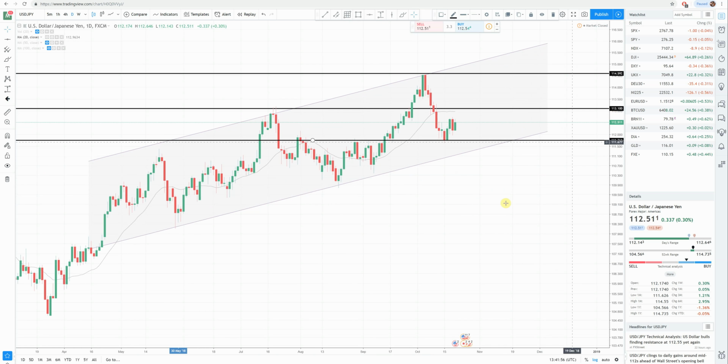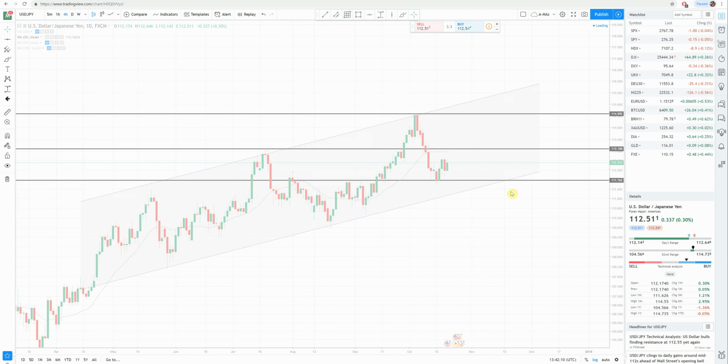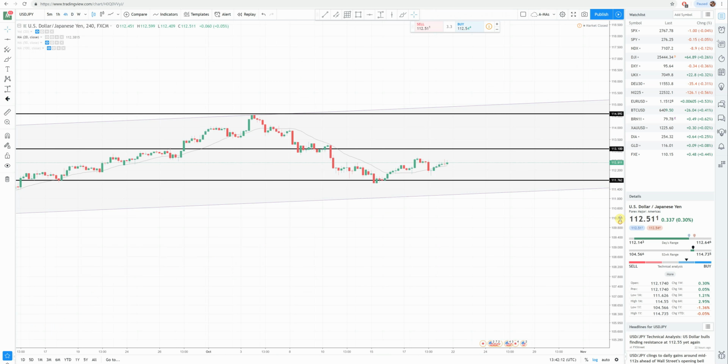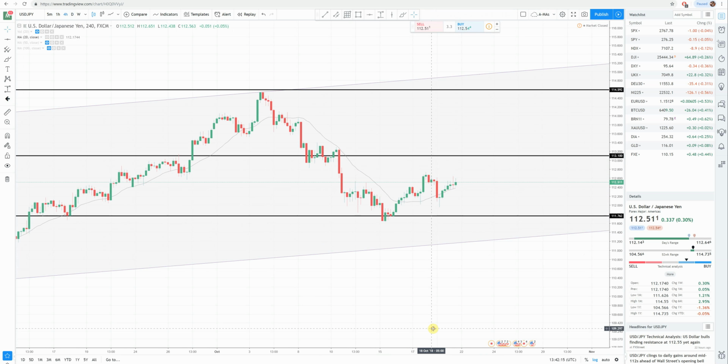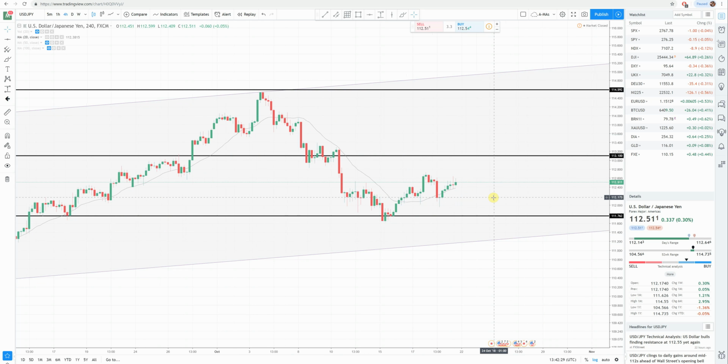Alright. So again, we are at a good level wherein we can wait for possibilities of where the market will move this coming week. On the 4-hour chart, you can see that we are on an upswing after this downtrend, which means we are now in line with the bigger trend.